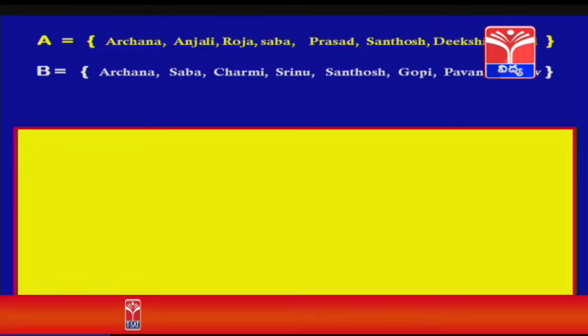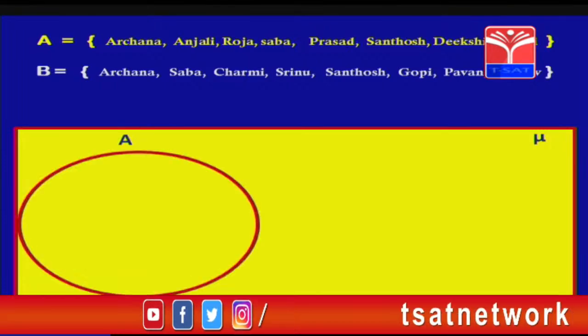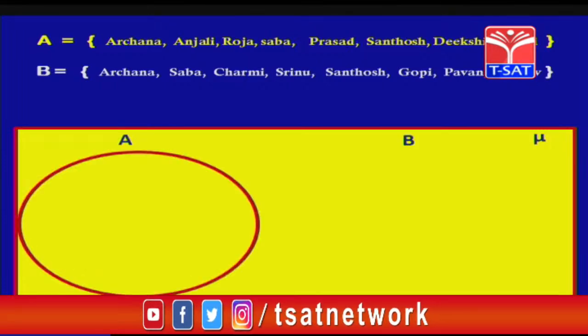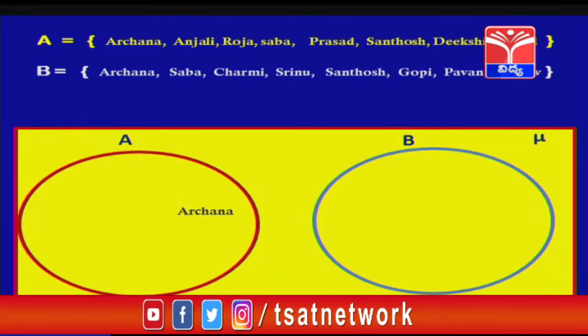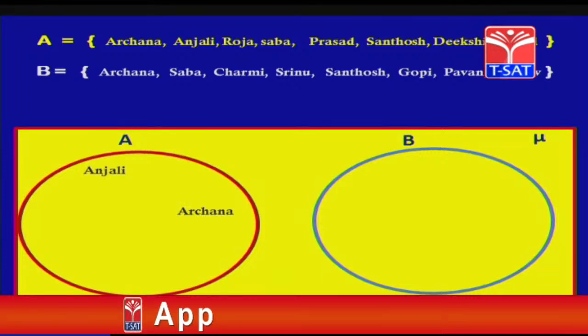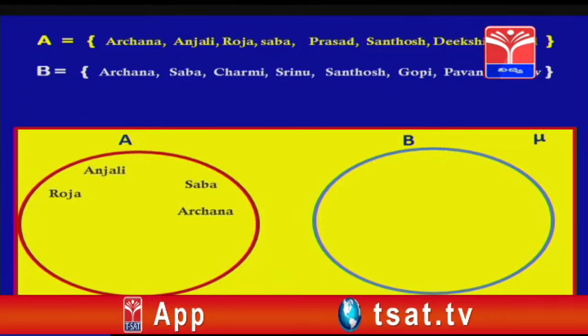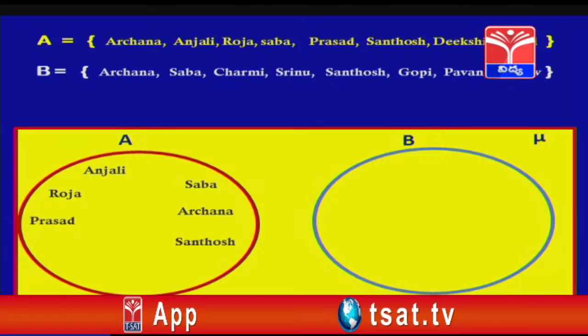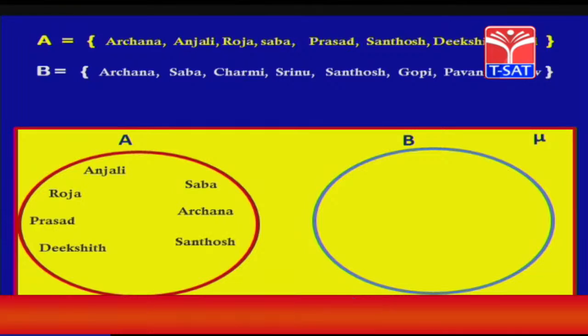To represent any operations of sets, first we require what? A universal set. Here the universal set is the class. I am taking the students of a particular class. Now, set A, who are there in set A? Set B: Archana, Anjali, Roja, Sabha, Prasad, Santosh, Dikshit, Anji.